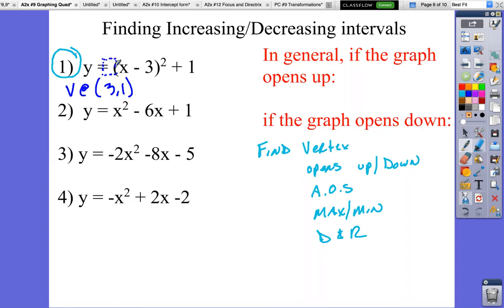So it's got to be positive 1, so it can't be 0. The whole thing would be 0. So my a value is 1, which means, does this open up or down? Opens up. So if it opens up, all right, and I always like to draw this in just to make sense of it. If it opens up, does that create a maximum or minimum value?